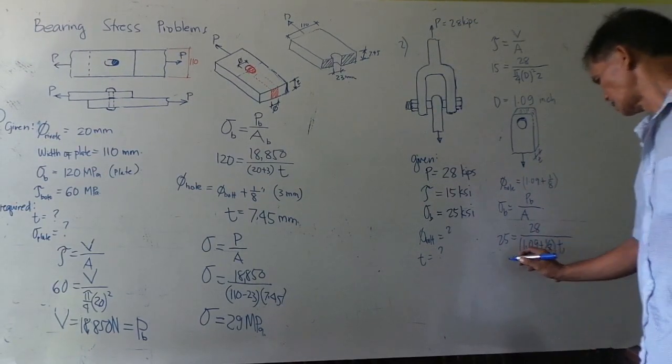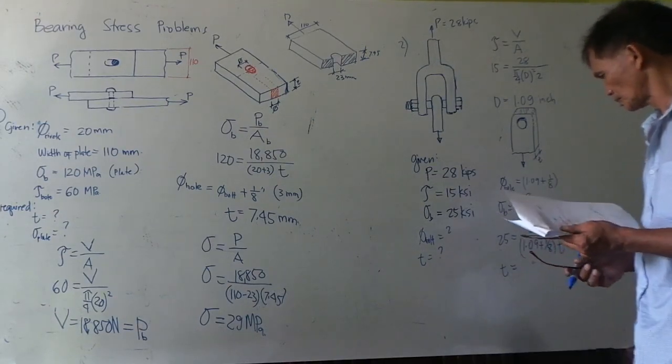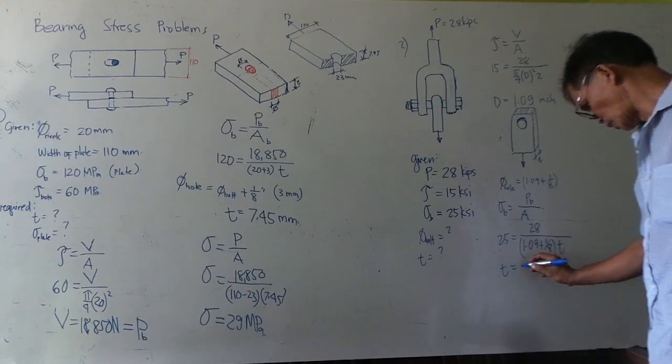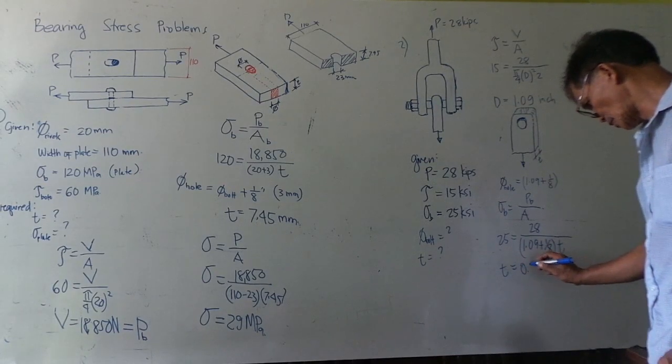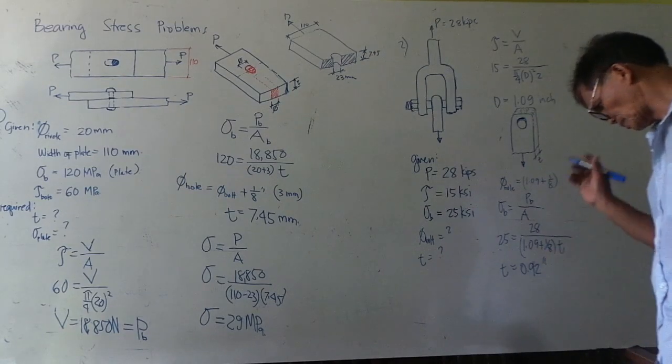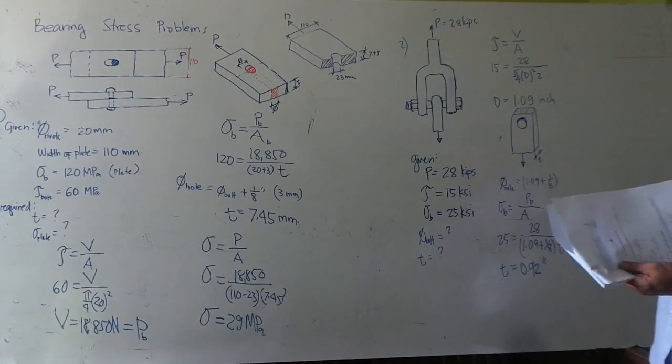Then you will have your t equal to 0.2992 inch. So that is one thickness.